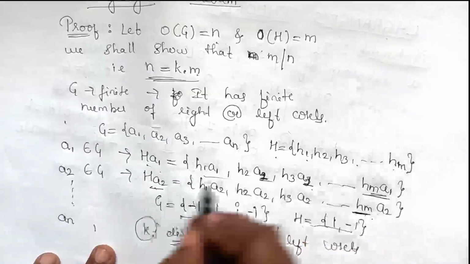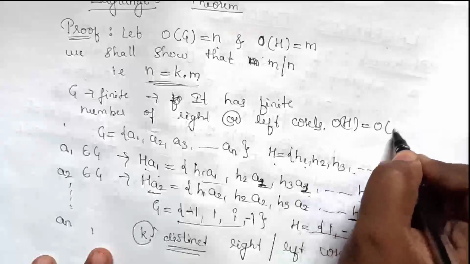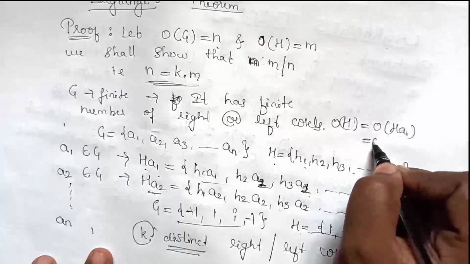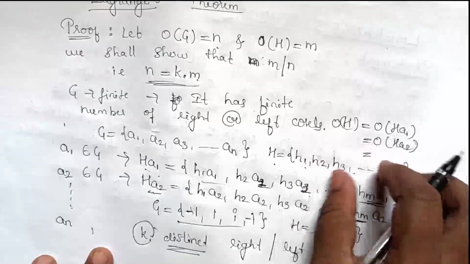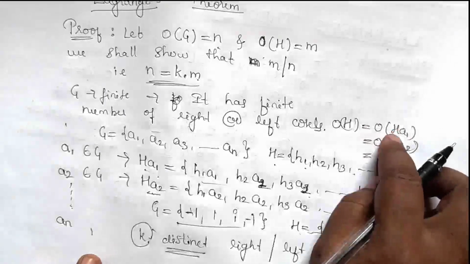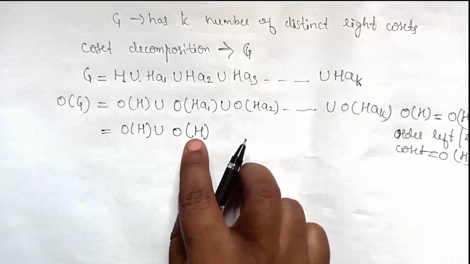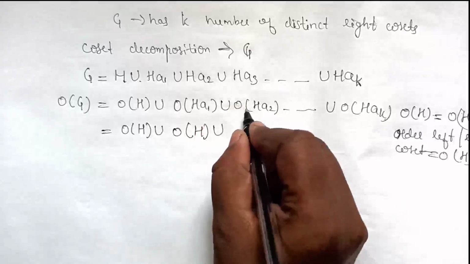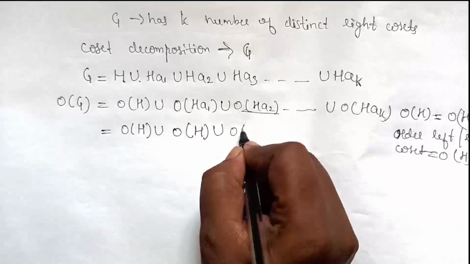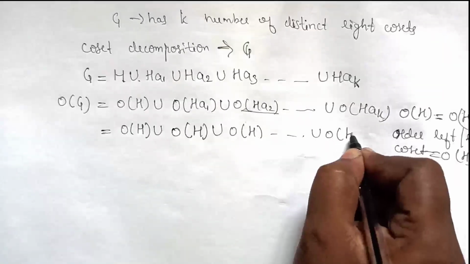Therefore we can say that order of H equals order of Ha1 equals order of Ha2, or we can use any right coset. Therefore, order of Ha1 can be replaced by order of H, and again order of Ha2 we can replace by order of H.